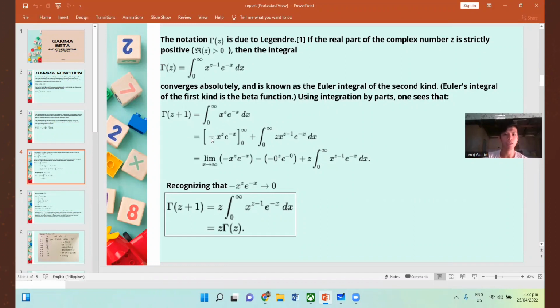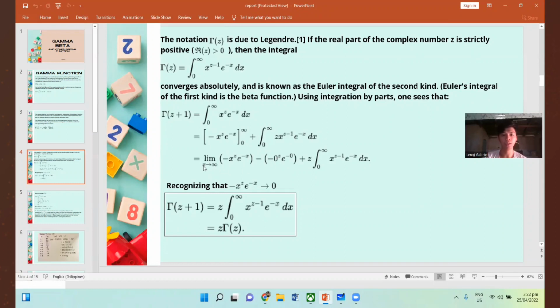So ang magiging nangyayari dyan is negative x raised to z e negative x evaluated from 0 to infinity, plus the integral from 0 to infinity of z x raised to z minus 1 e raised to negative x dx. So dito, pinalitan niya yung value ng infinity which is yung x.